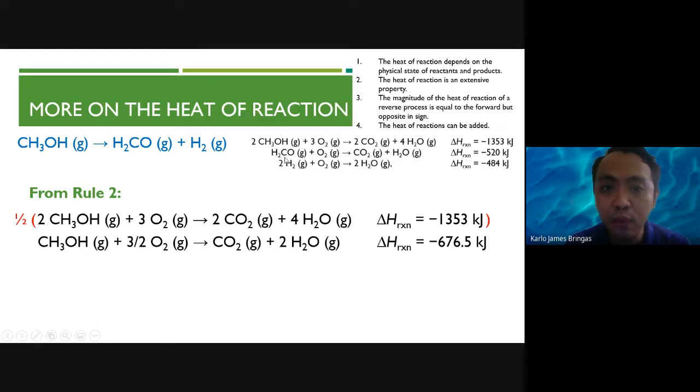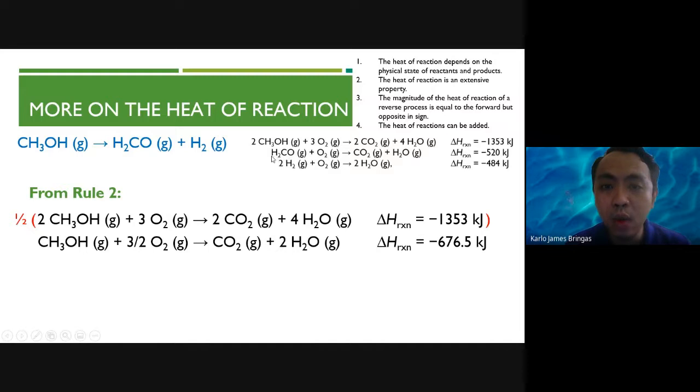However, ang difference lang nito between this one from our data and from our target equation is that H2CO in our target equation is nasa product side, whereas in here, the H2CO is on the reactant side.